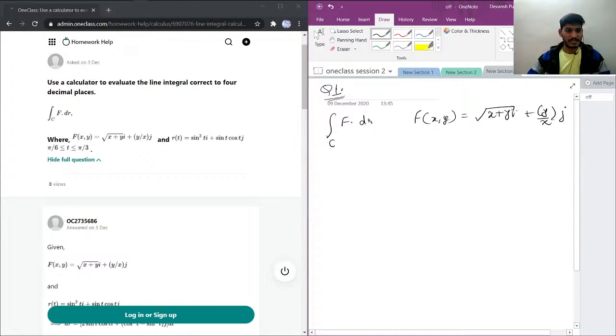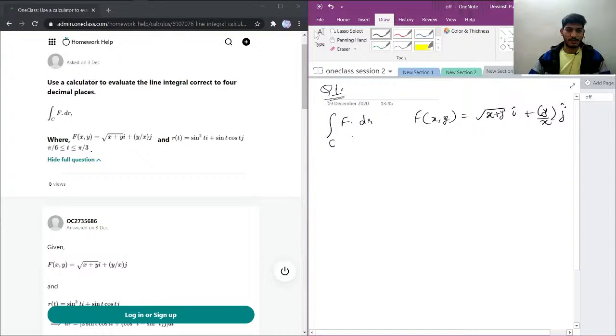So these are basically unit vectors, unit vector caps. So I'll just write it properly. So this should be square root of x plus y, and this should be I cap, this should be j cap.